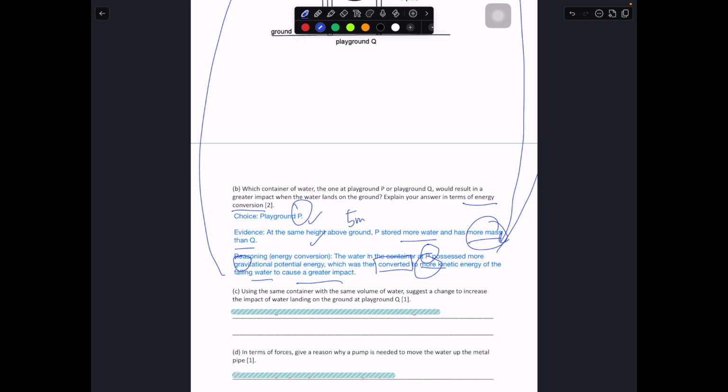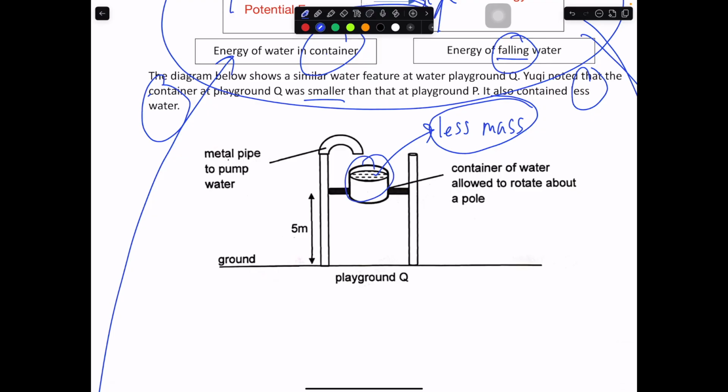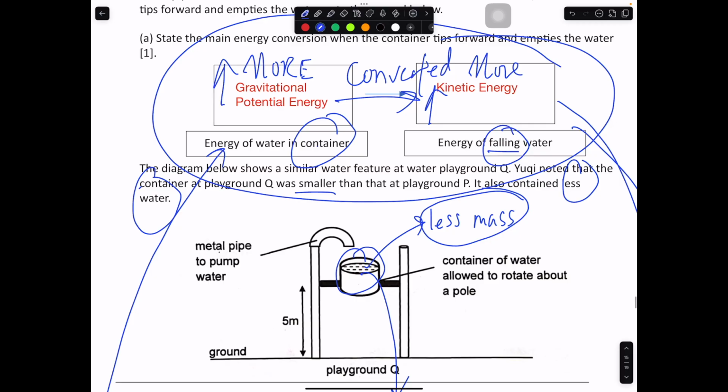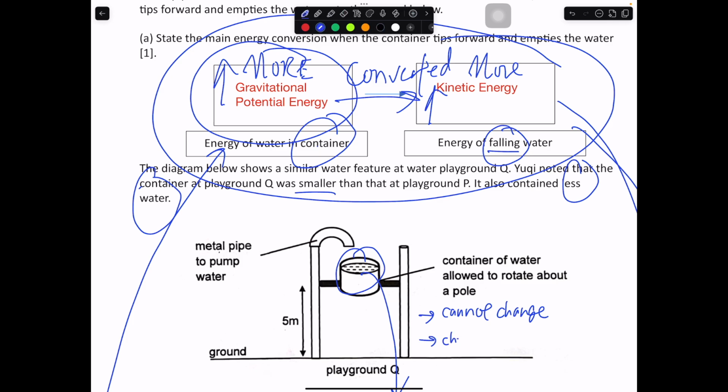Using the same container or same volume of water, suggest a change to increase the impact of the water landing on the ground at playground Q. So what can you do to make sure that with the same amount of water there's more impact? You try to play with the GPE again. If you cannot change the mass, you can change another thing.